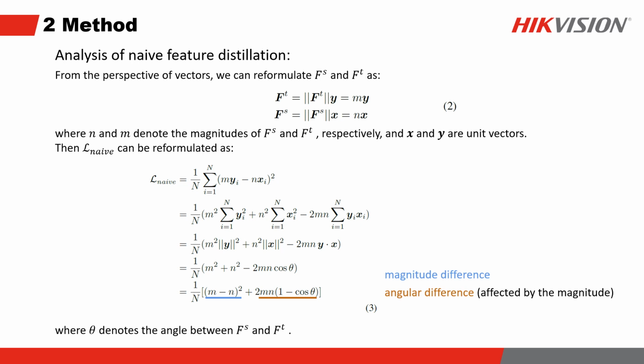Then the loss of the naive feature distillation can be reformulated as equation 3. The first term minimizes the magnitude difference, and the second term minimizes the angular difference, but is affected by the magnitude.